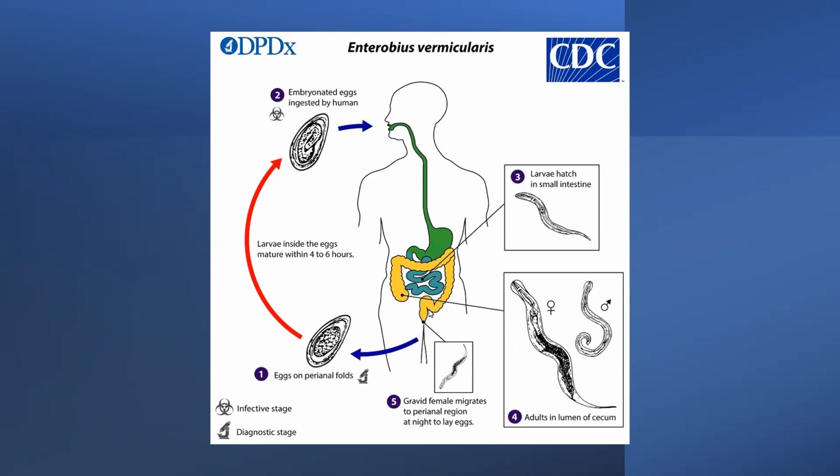And so one of the ways that this can be diagnosed, beyond just microscopy, and you may do this as a nurse, is you take double-sided tape, press that to the anus of the individual that is thought to be infected, and then you give that double-sided tape to the lab, and the lab will view the pinworm eggs under the microscope.